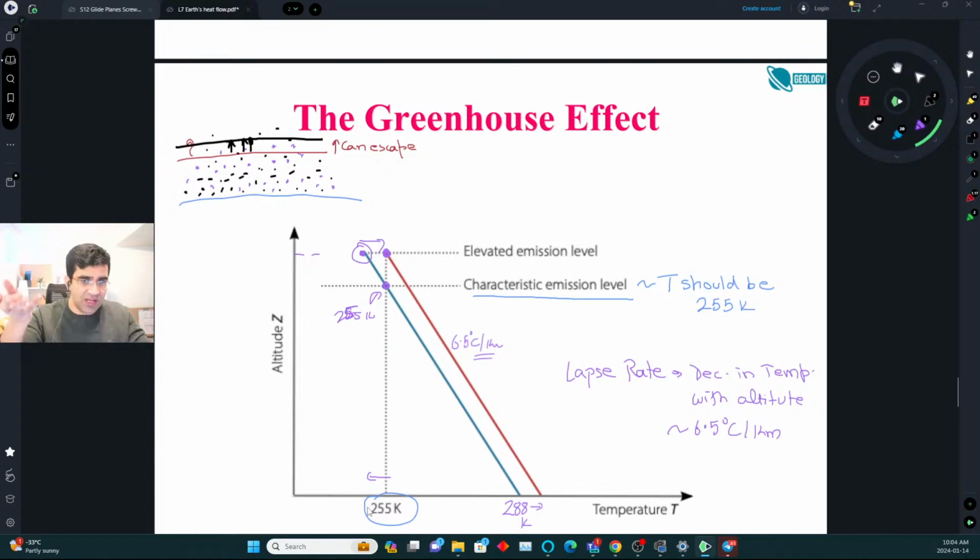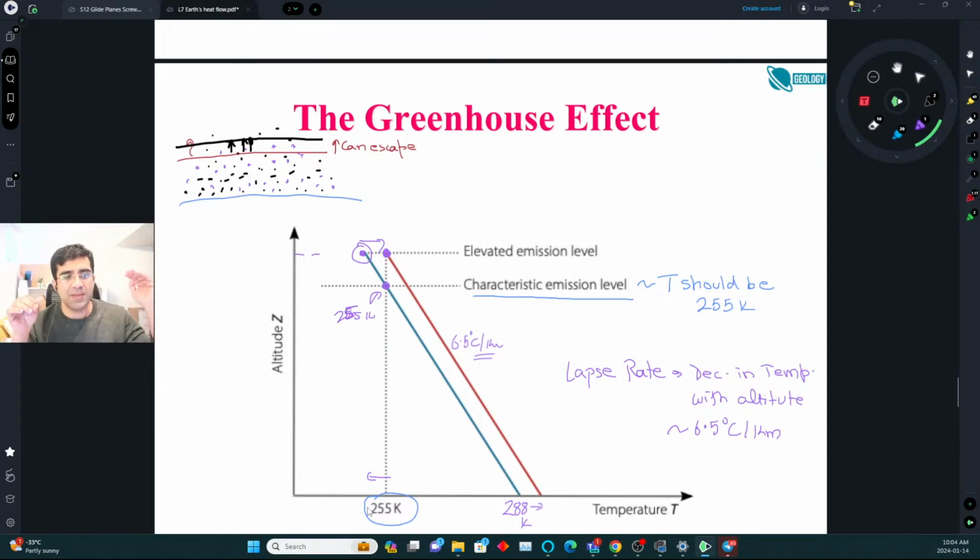Now as that air rises up, it becomes less dense, and at a certain level it can emit the radiation because the concentration of greenhouse gases is less. That level at which its temperature is 255 Kelvin is called the characteristic emission level.